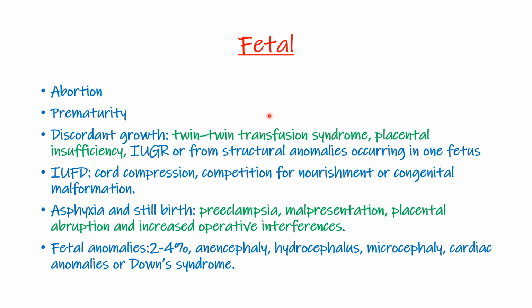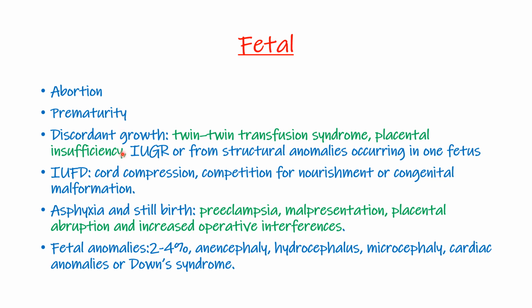So in terms of the fetal, what are the complications? You can have abortion, you can have prematurity, obviously, because most of these, especially monochorionic, monoamniotic, you will deliver them earlier, which will result in prematurity.